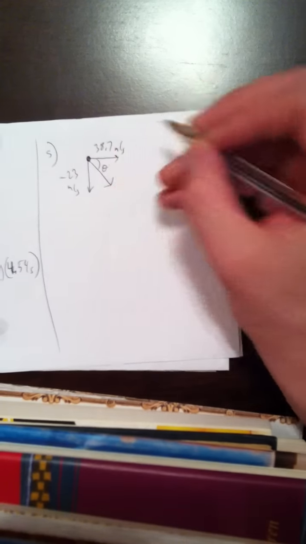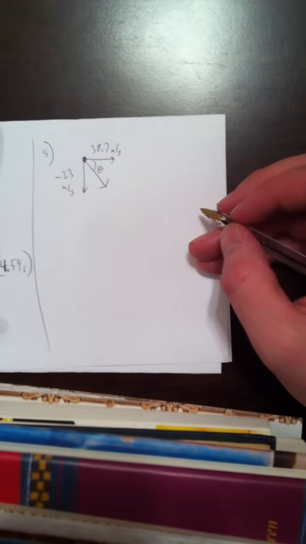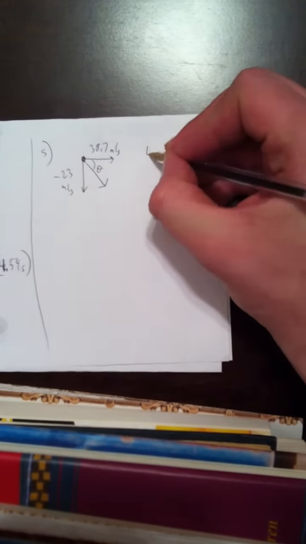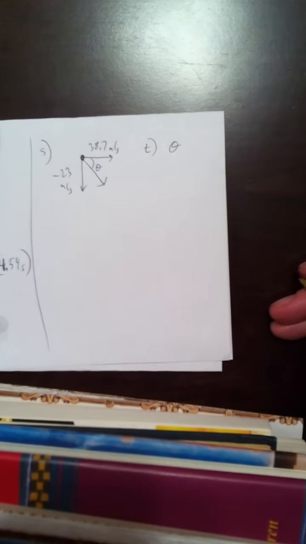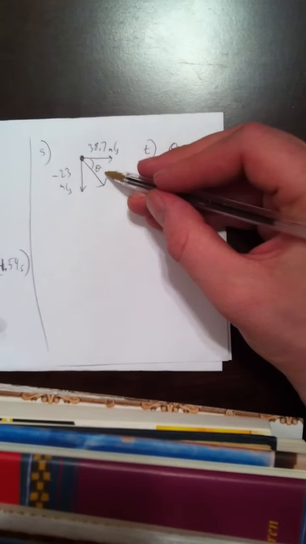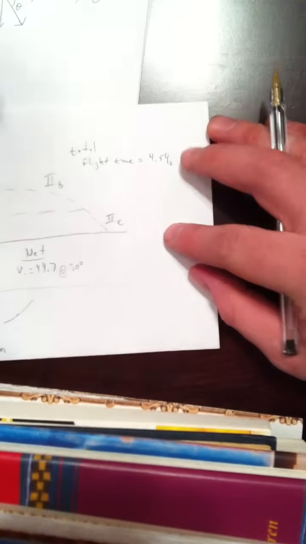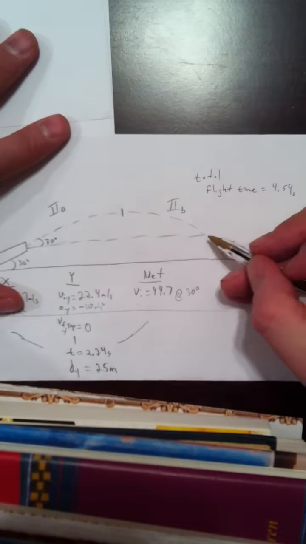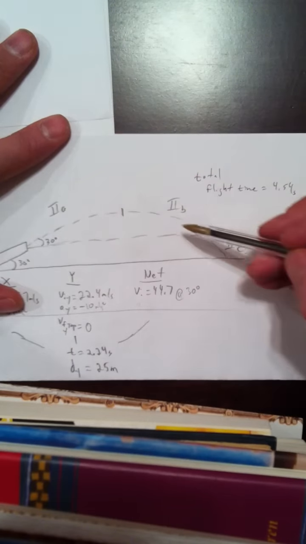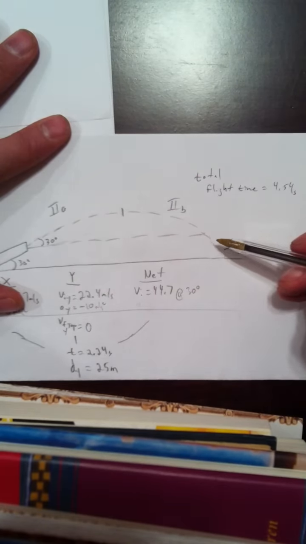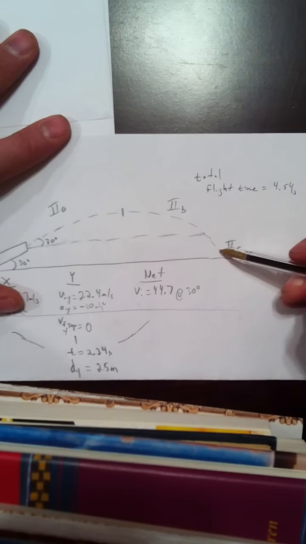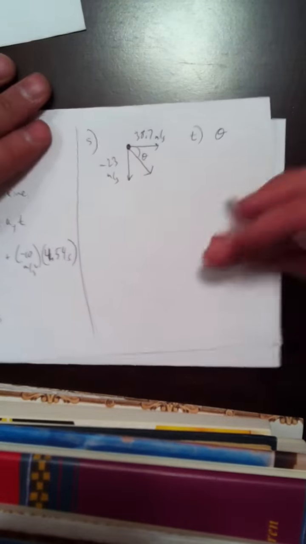Now there's an angle here which we don't know, and that's what we're going to be solving in part T. Part T asks you to solve for the angle at collision. This angle is not equal to 30 degrees. If the ball had originally landed back at what would have been the vertical point of origin here, it would have been 30 degrees. However, because it falls a little extra, it's going to be greater than 30 degrees when it lands. So we can solve for both right now.